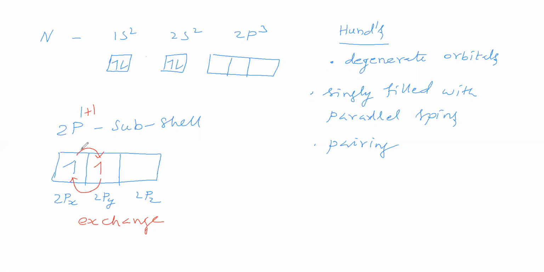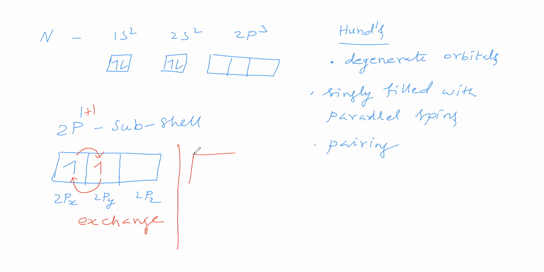Then this electron comes from here to here, energy of system reduces. When energy of system reduces, stability of system rises. Therefore, due to exchange, stability of system rises.